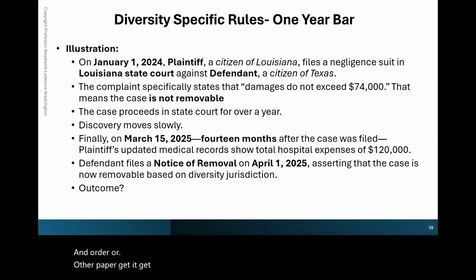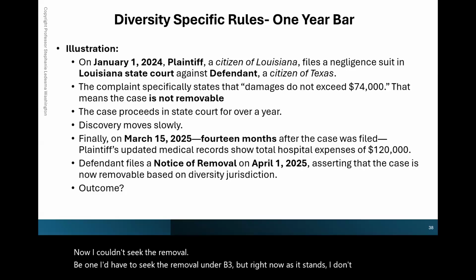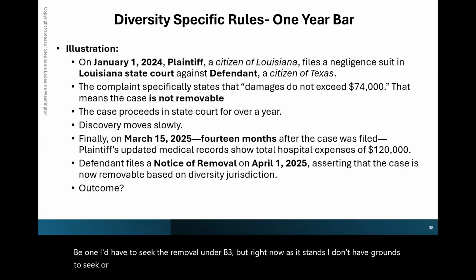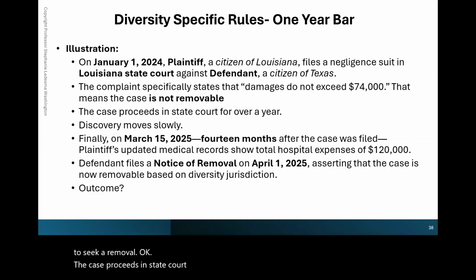If I get something, now I couldn't seek the removal under B1. I'd have to seek the removal under B3. But right now, as it stands, I don't have grounds to seek a removal. Okay? The case proceeds in state court for over a year.